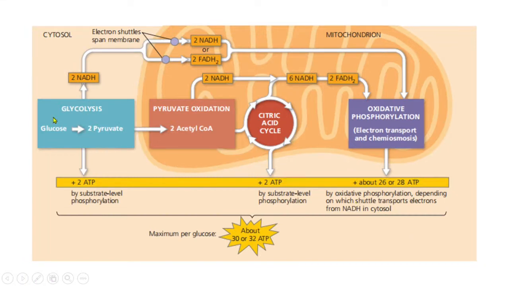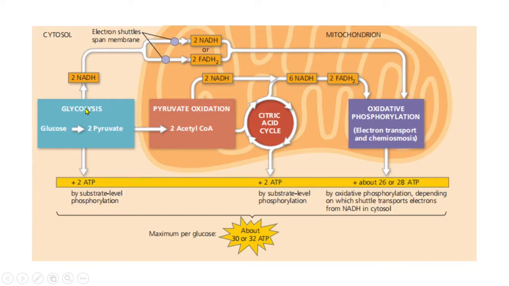So for glycolysis, you produce 2 ATPs here and 2 NADH. We'll be looking at the details a little bit later. Glycolysis converts glucose into 2 pyruvate. We'll be looking at the number of carbons later. The 2 pyruvate molecules will now be converted to 2 acetyl-CoA through the pyruvate oxidation, and in this case 2 NADH will be produced.